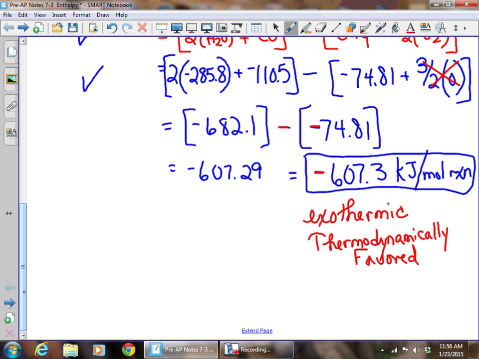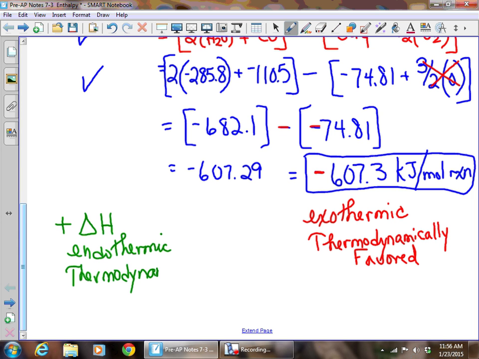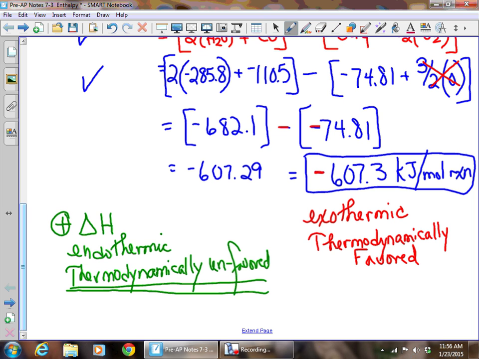Just keep in mind that if you end up with a positive delta H, this is going to be endothermic, and it's going to be thermodynamically unfavored. And you will come across that in your worksheet. So make sure you're paying attention to that sign.